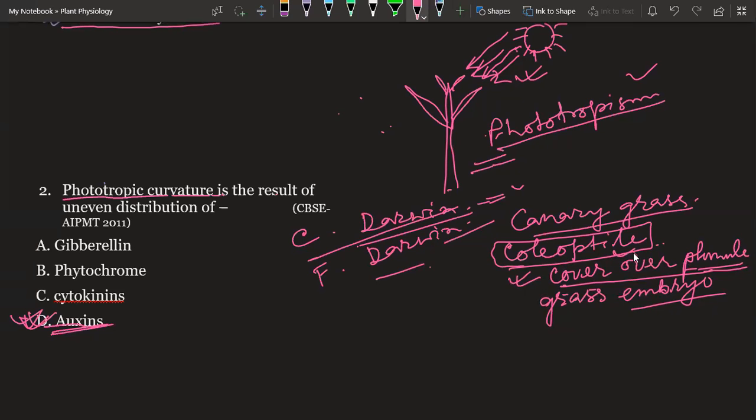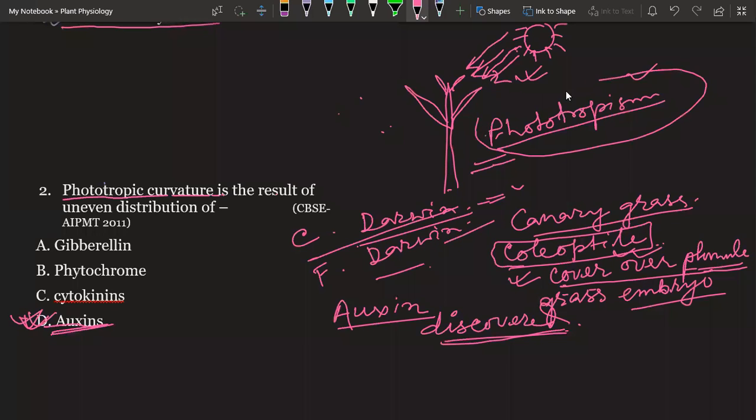And from there, of course, auxin was discovered, a chemical which has the capacity for bending of the plant organ, the induction of phototropic movement.